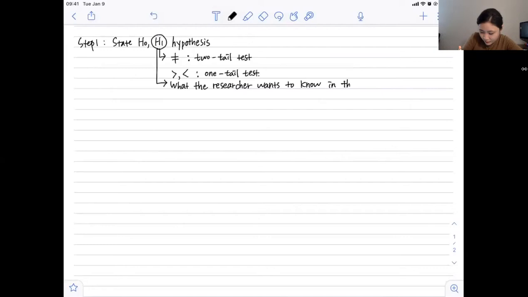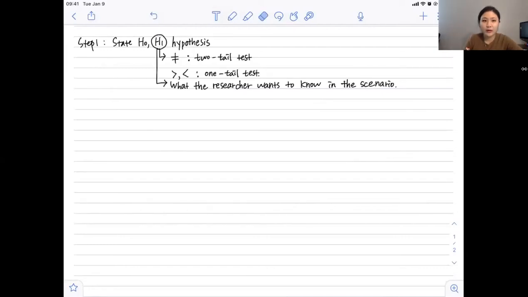And when H1 includes an inequality sign, greater than or less than, this is a one-tailed test. And H1 is what the researcher wants to know in the scenario.